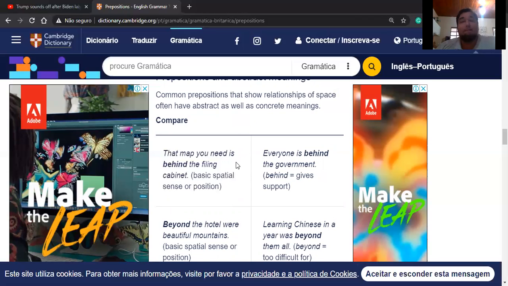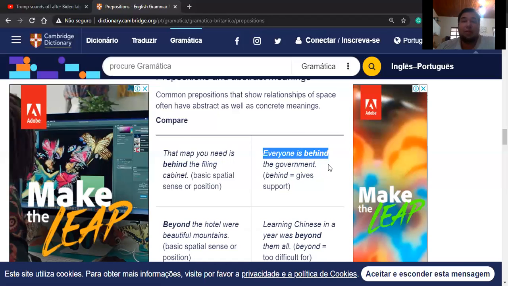Então, o mapa que você precisa está bem atrás do arquivo. Então, está falando sobre dois itens, espacial, na distância, que você pode medir. Não é uma coisa concreta.